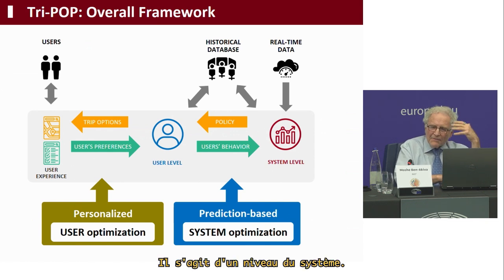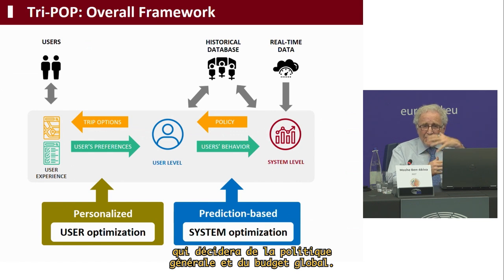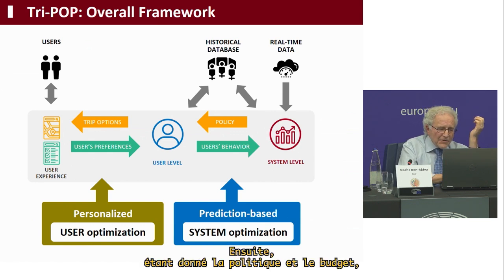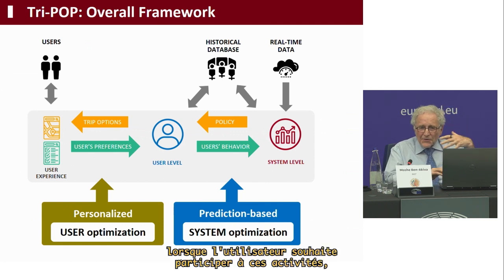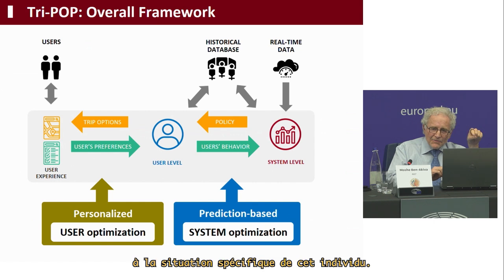At the system level, we have an optimization model that will decide on the overall policy, the overall budget. Then given the policy and the budget, when a user wants to participate in this activity, the user level applies the policy to the specific situation of that individual.